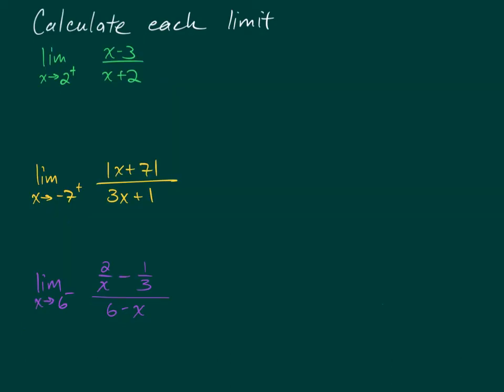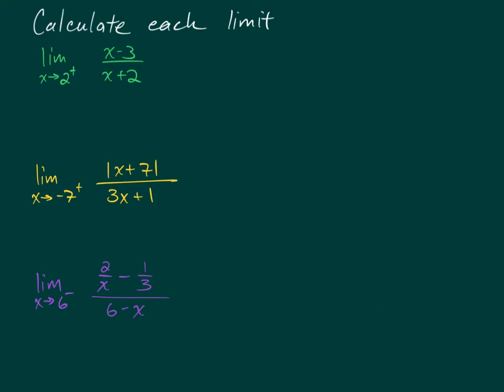Calculate each limit. The purpose in showing you these three examples is to get across that finding one-sided limits analytically is exactly the same as finding two-sided limits analytically. That being said, your first move should be to directly substitute into the function and see if it works.